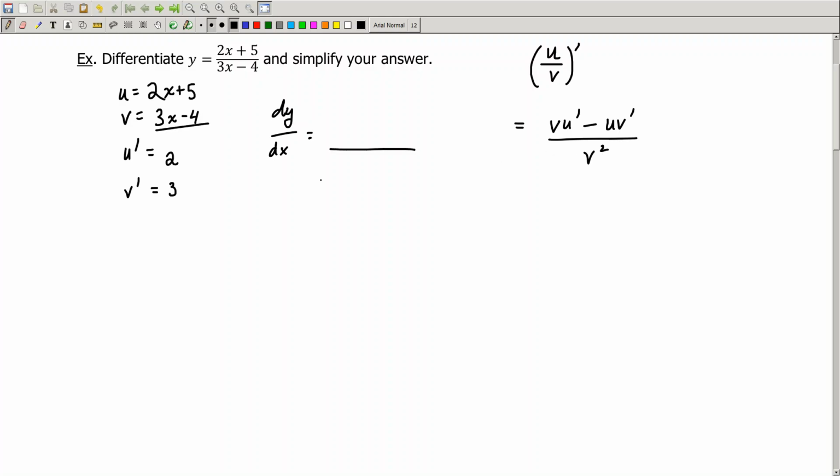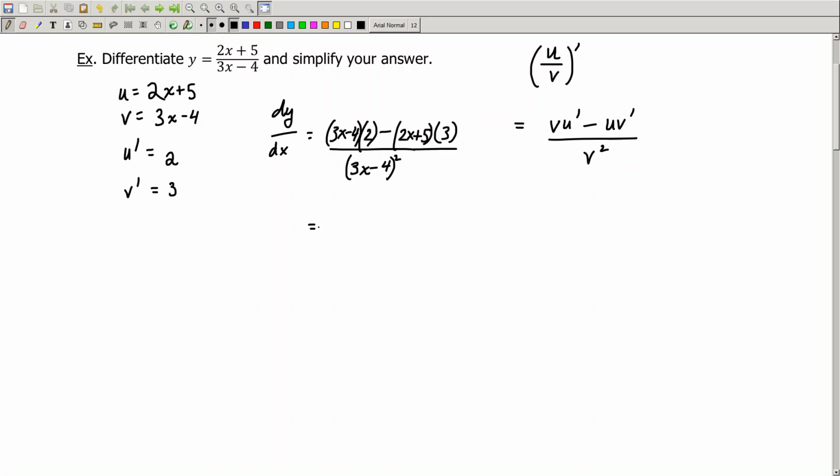V is this, so I just have to do v squared. Then on the top, I go 3x minus 4 with v, and I multiply by u prime, which is 2. Then I subtract u, which is 2x plus 5, and I multiply by v prime, which is 3.